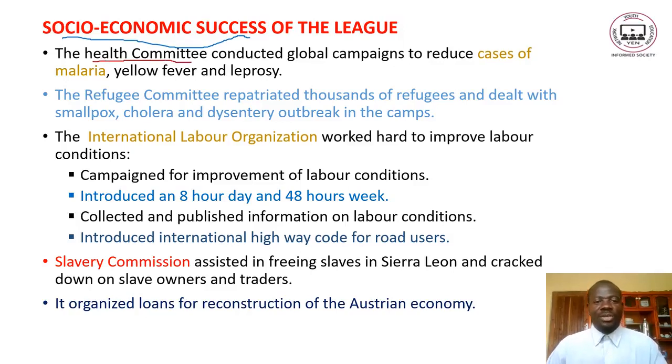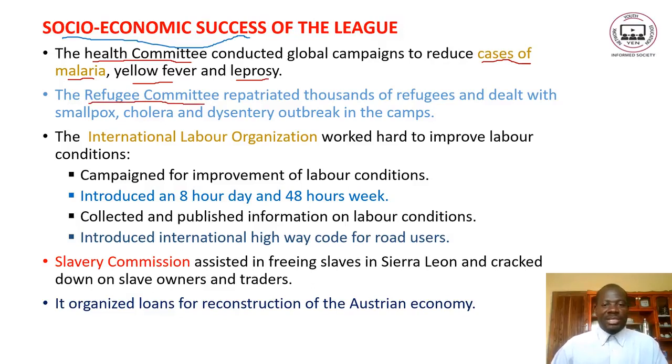Remember, we talked about the committees and commissions that were part of the organs or the structures of the League. So the Health Committee conducted a global campaign to reduce cases of malaria, yellow fever, and leprosy. So it did that campaign almost worldwide so that they combat those diseases. And again, the Refugee Committee was another committee.